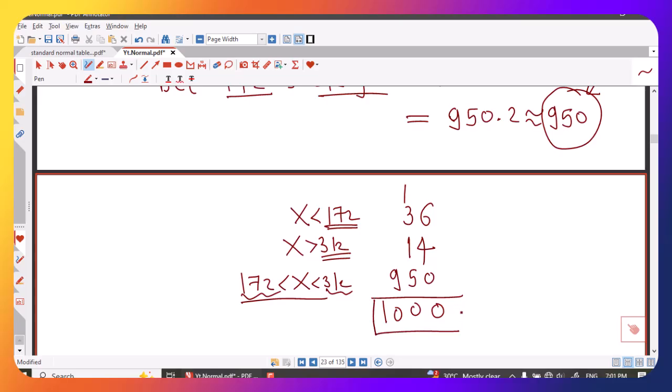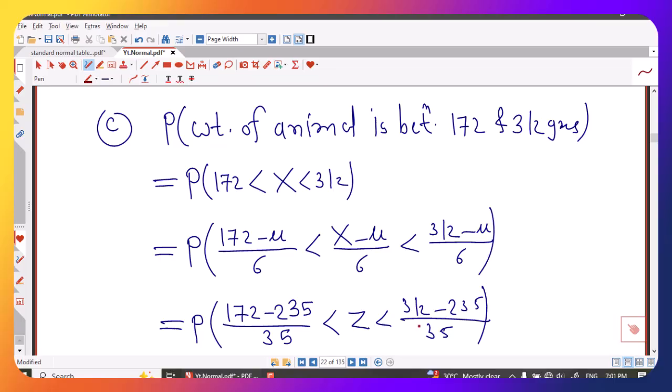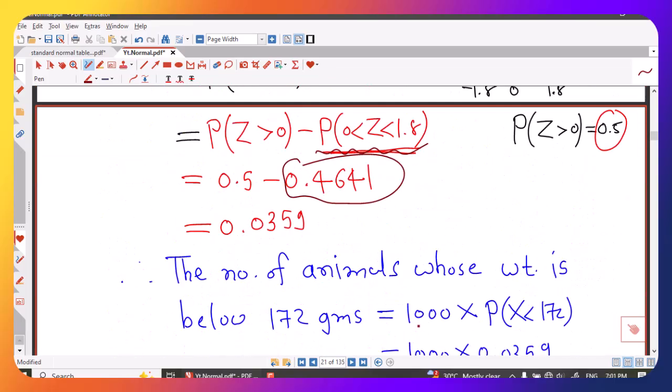So you can just cross verify whether your calculations are correct or not.